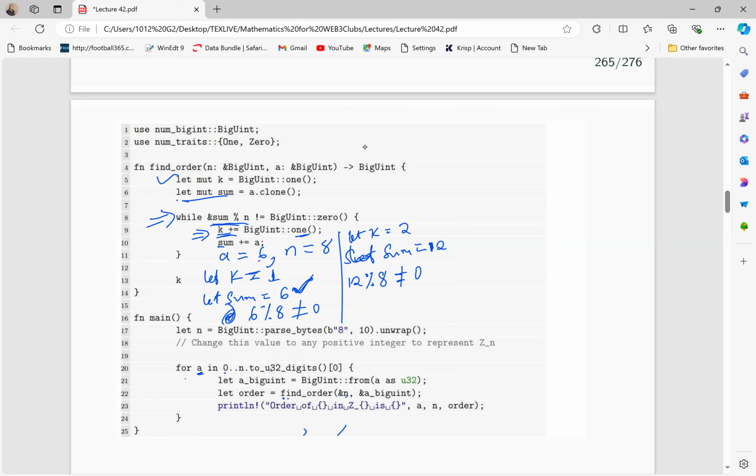So since it's not equal to 0, again we repeat the same process: increment K by 1. So K now becomes 3.